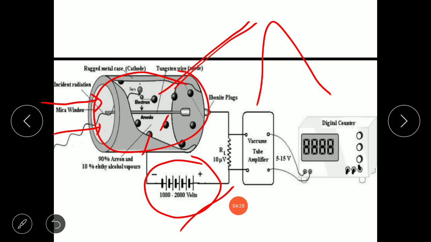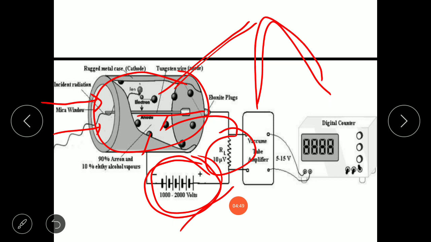This pulse of current flows through a resistance which is connected in series with the anode and the battery. Since more and more gas atoms are getting ionized, a very high amount of current suddenly flows through this resistance, and therefore a voltage drop occurs across it.